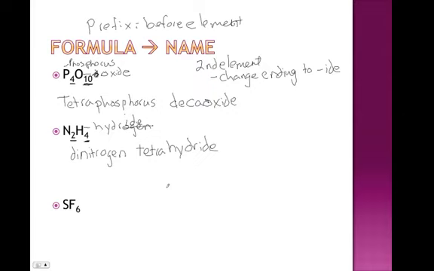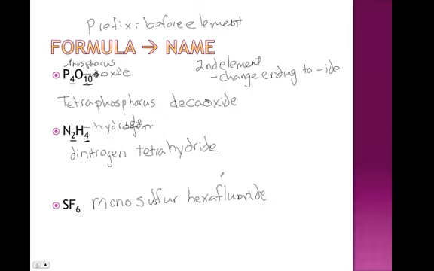Okay. My guess is that most of you in your groups came up with this: monosulfur hexafluoride. Okay. And given what I've told you, that would be correct.